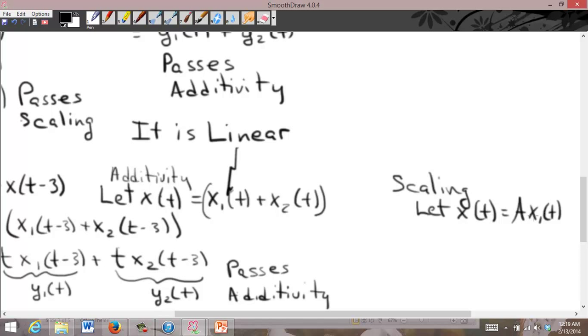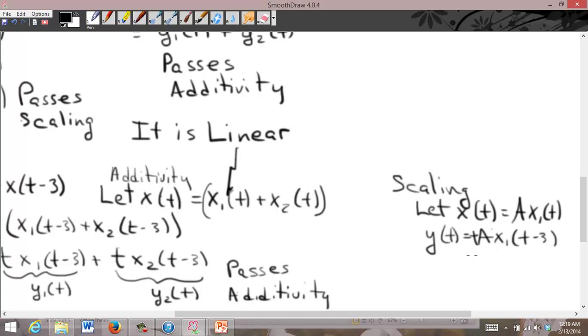You're just saying let x be a scaled version of something else, right? Don't apply the minus t or the t minus 3 yet, okay? Now I put this into the system and I get y of t equals t times a x1 of t minus 3.